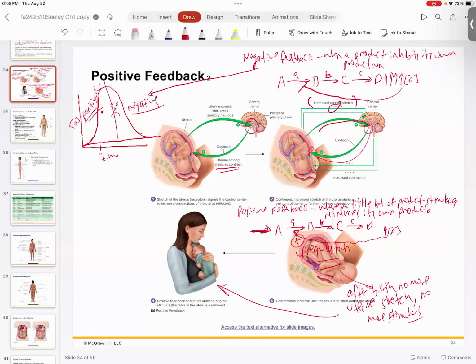This is what allows you to have very quick responses so that you can respond physiologically to catastrophic events like hemorrhage, for instance, or blood clotting. If your blood clotting didn't have positive feedback, you would never be able to clot in time to keep yourself from bleeding out.